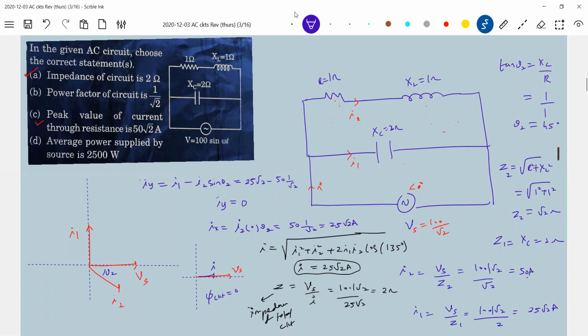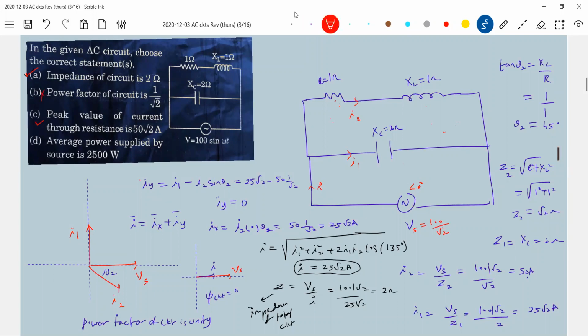Unity. Power factor means cos phi, which should be 1. I'll take that.